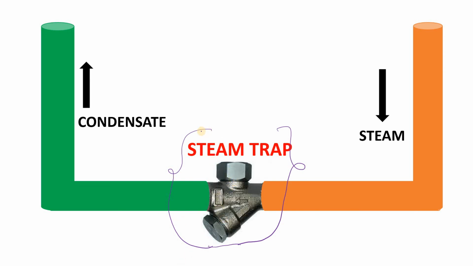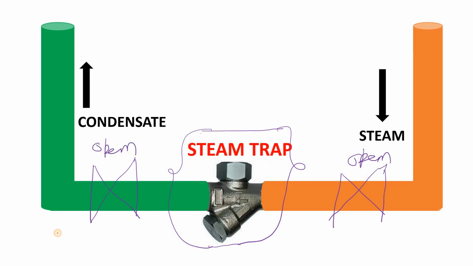Got it? So how do we take this steam trap in the line? We have the IV, the first IV is here and one IV is here, I am just drawing it here, you can also draw it in your notebook. We will open this IV first, and we will also open this IV, and if there is any IV for the drain, we will close that IV from both sides.